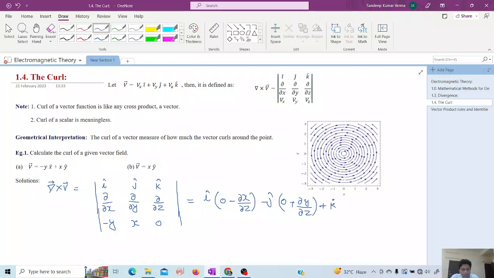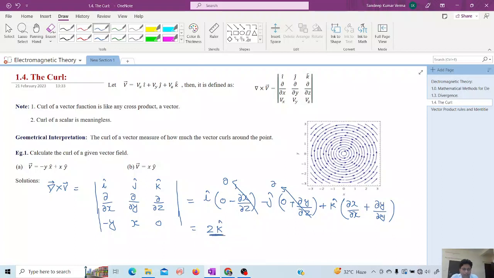Similarly, for k cap, del x by del x minus minus plus del y by del y. So the first will be 0, the second will be 0, and here del x by del x will be 1, and similarly del y by del y will be 1. So here we get 2 times k cap.